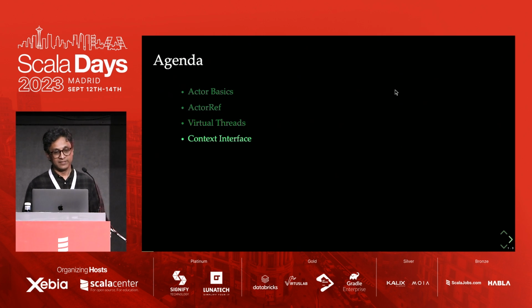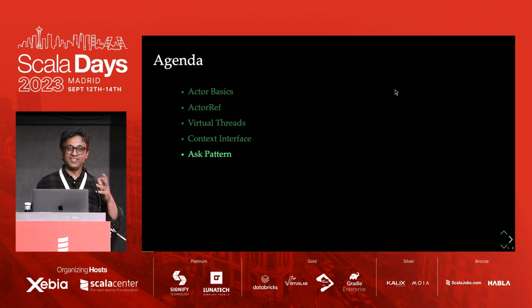We'll talk of the context interface. Now we're building up: if you do your own way, then suddenly you need more and more requirements that cannot be done by simply having ActorRef and a receive method. So the context interface, which Akka provides, gives you a lot of helpers. So we'll talk about that.